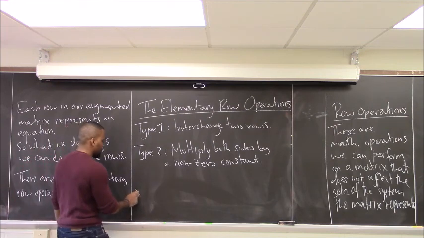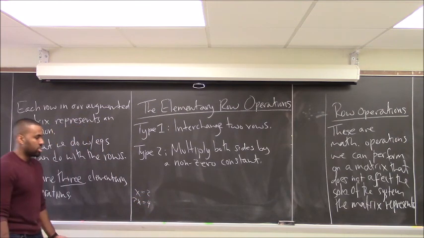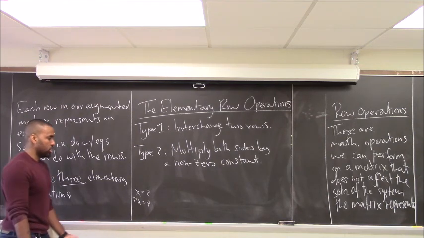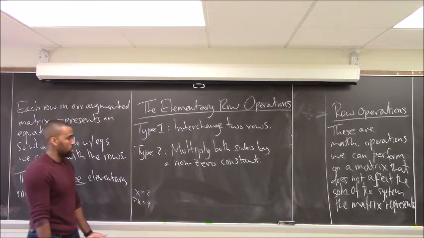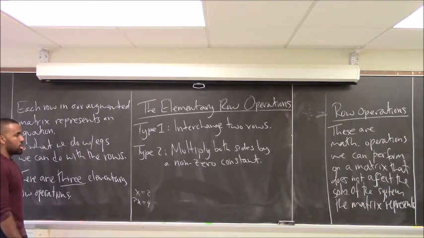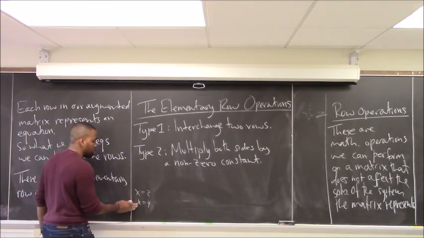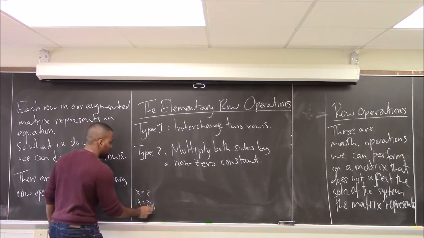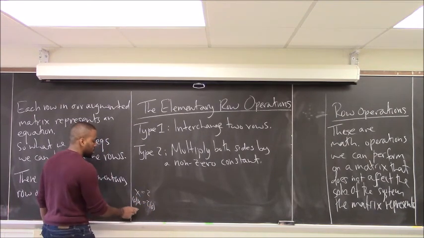So, like if I have x equals 2, I can multiply both sides and say 2x equals 4. It doesn't change the fact that x is equal to 2. I just change the form of how the equation looks. I can multiply at any time by a non-zero number. Now, if I happen to multiply by 0, then that's no good because I only end up with 0 equals 0, and I've lost all the information.